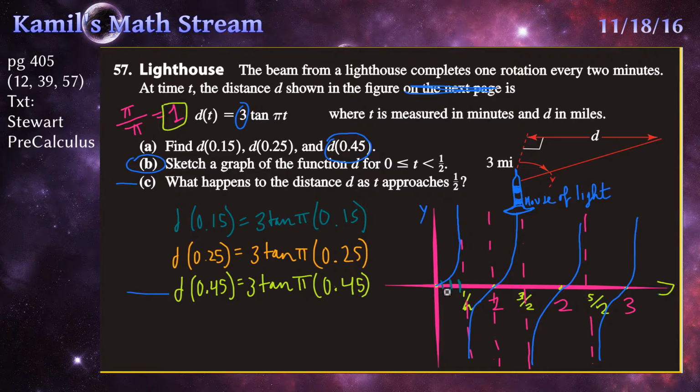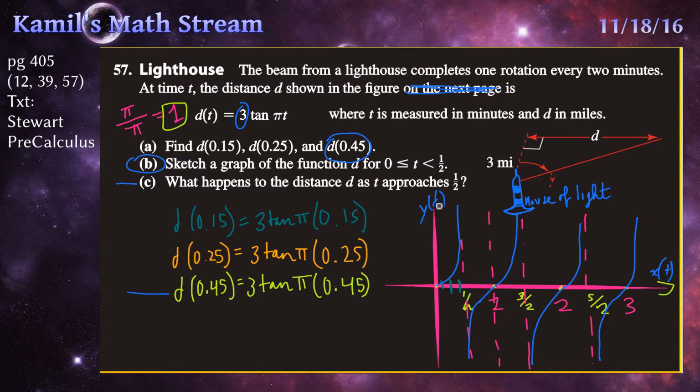Well, as t approaches 1/2, this is x, which is t. We're measuring for t here, and we're measuring for d here. So when t reaches near 1/2, or 3/2, or 5/2, right?